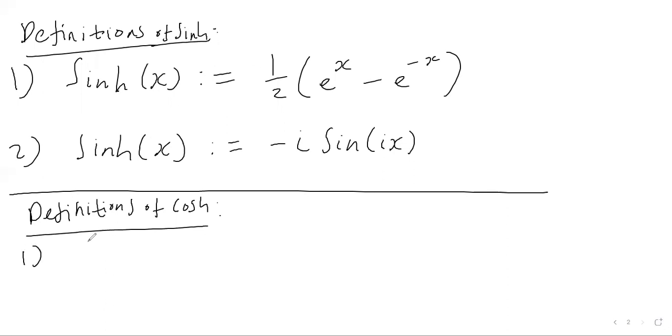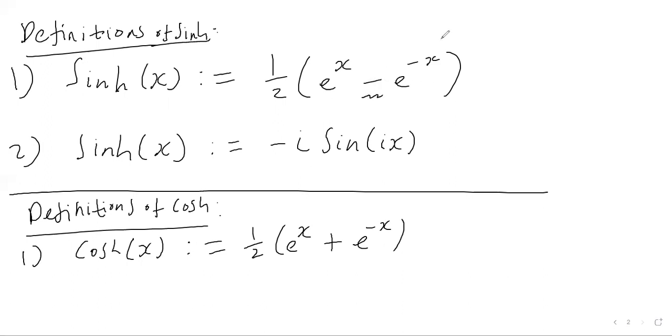So definition one. You can use this exponential definition for the cosh as well. This would be a half of e to the x plus e to the negative x this time, instead of the negative that we've got up there with the hyperbolic sine definition. Or you could define it again in terms of complex variables.